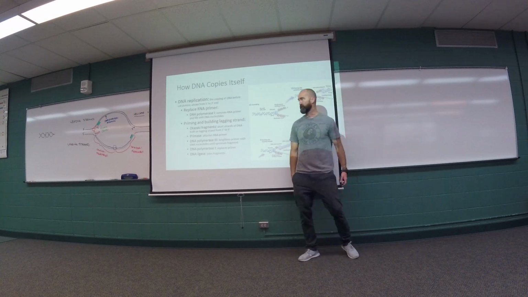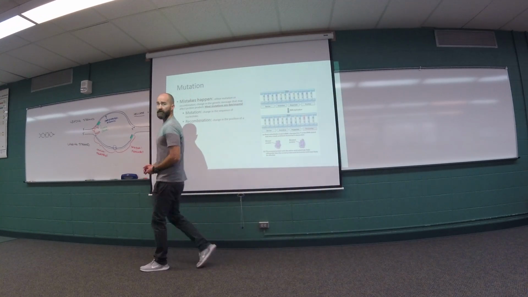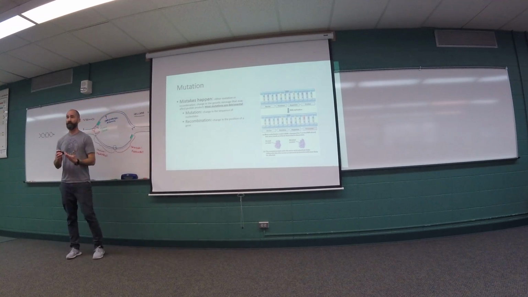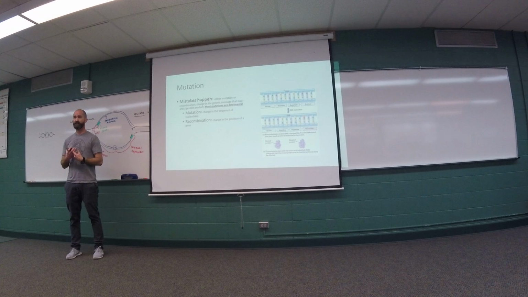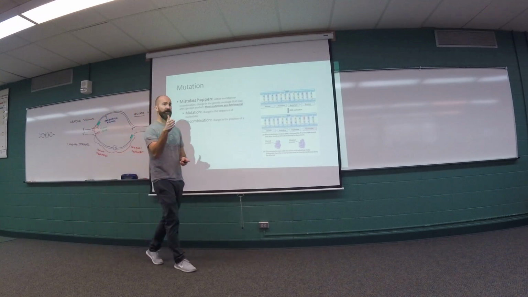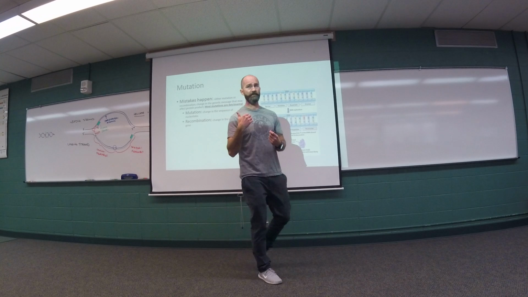Questions? All right. Unfortunately, mistakes on occasion happen during replication, and that makes some intuitive sense, because the DNA molecule is really, really long, consisting of billions of nucleotides. Sometimes a single nucleotide can be replaced by another nucleotide.